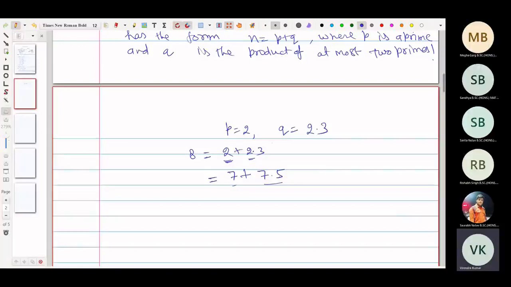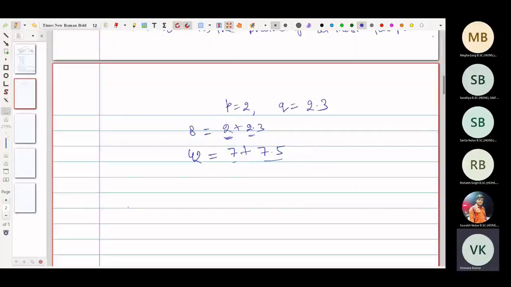So 7 plus 35 is going to be 42. So the sufficiently large even integer can be written in the form p plus q, where p is prime and q is a product of at most two primes, and we are not going to take more than 2.